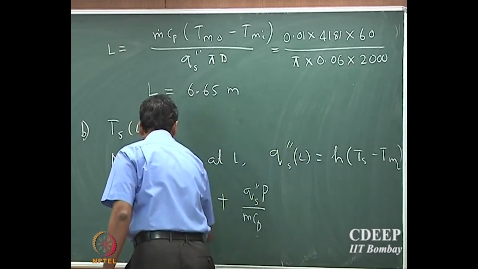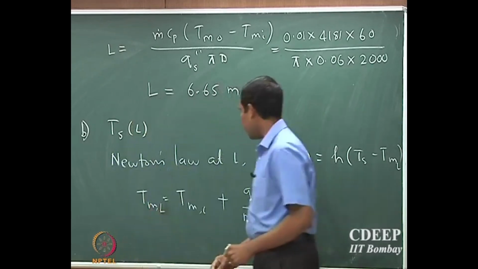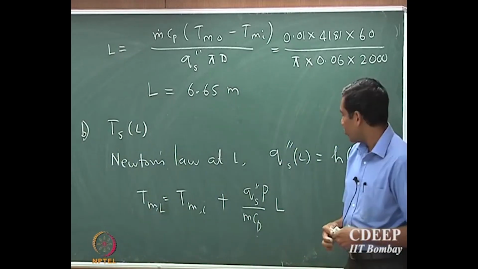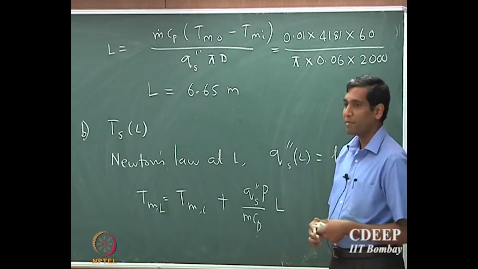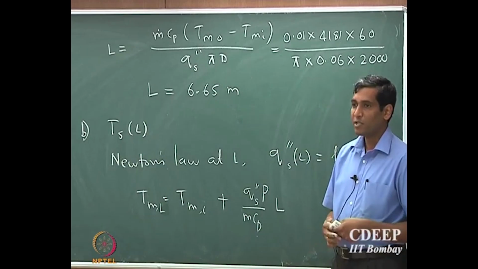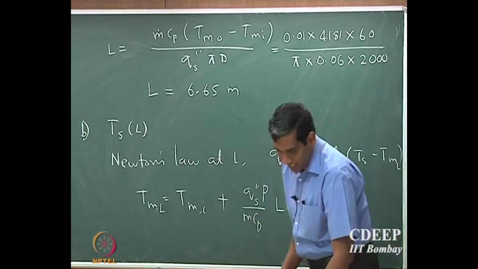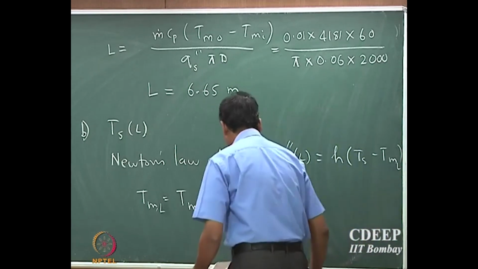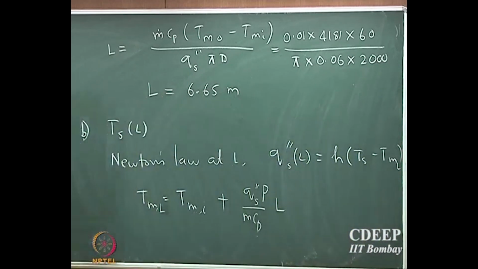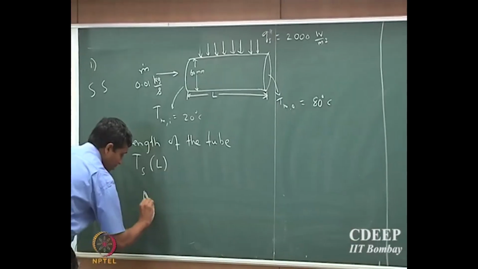So Tm at L is given by Tmi plus Q double prime P divided by m dot Cp into L. Right, so we know this. So we can use this information, and I have not given other numbers here, so we can also find the Nusselt number.